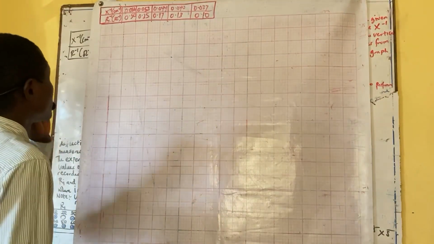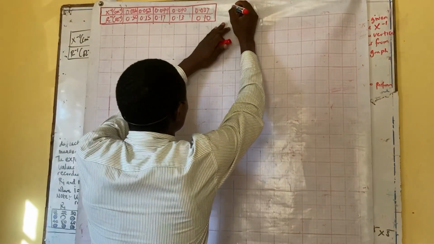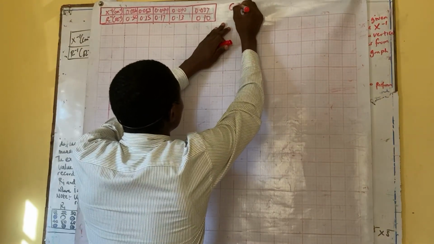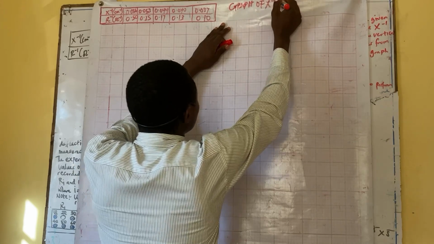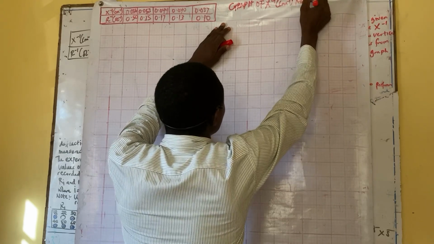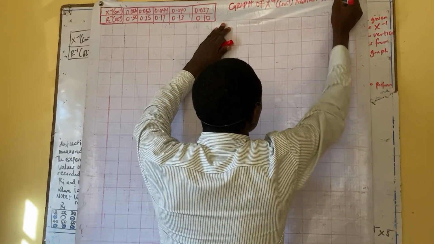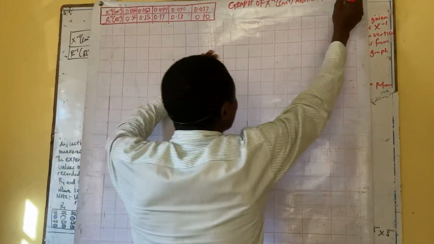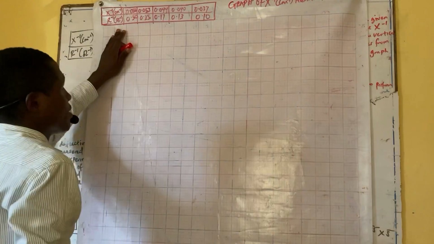So we have to plot the graph. Write the title first: graph of S inverse per centimeter against R inverse per ohm. The next thing is to choose your scale.